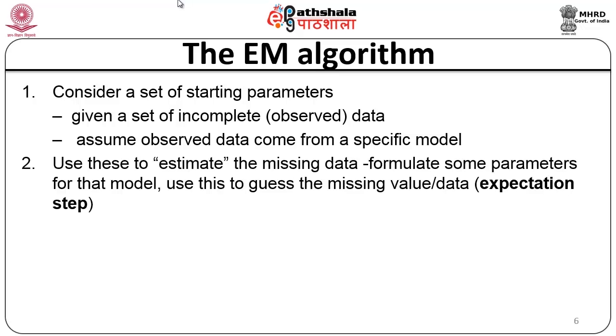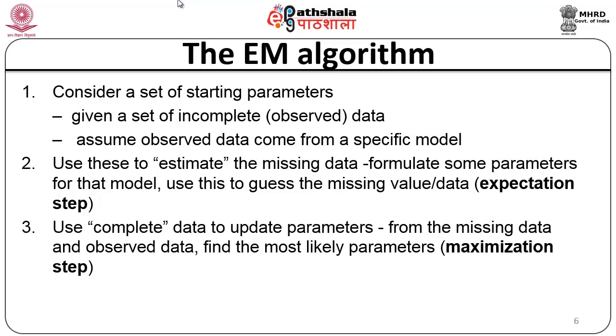Then use this incomplete data to formulate some parameters for the model, and use the model again to guess the missing value or data. This is called the expectation step. In the next step, you have guessed some missing data, no?